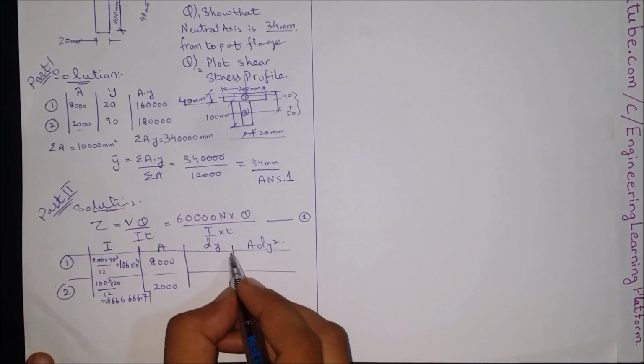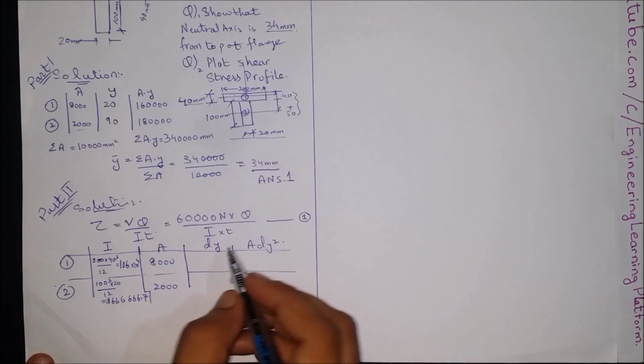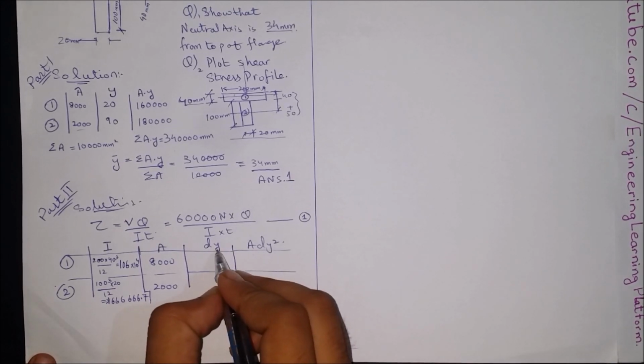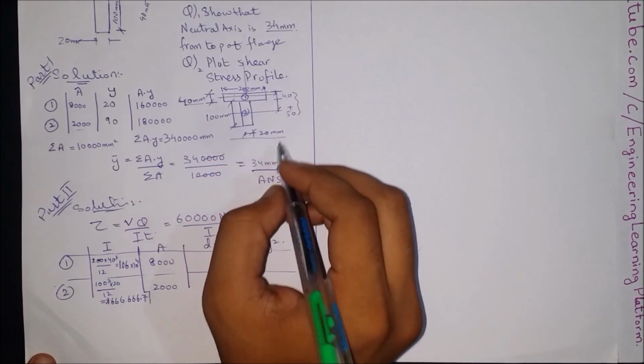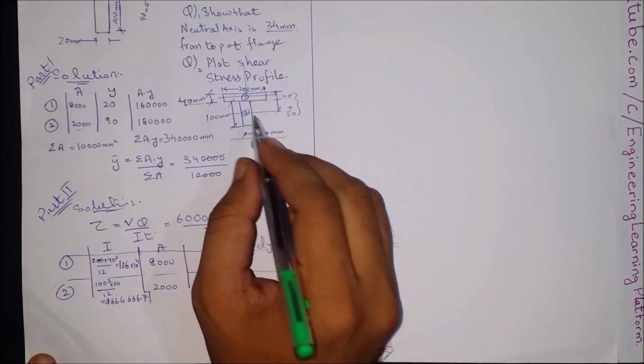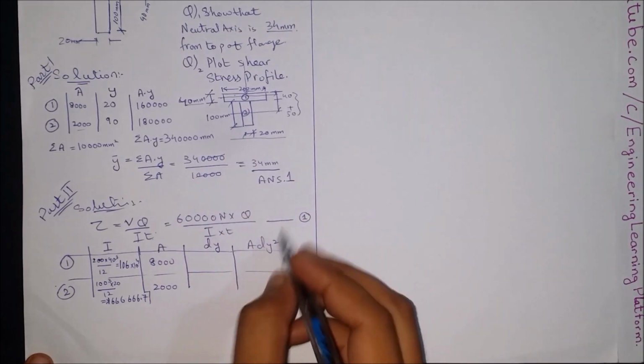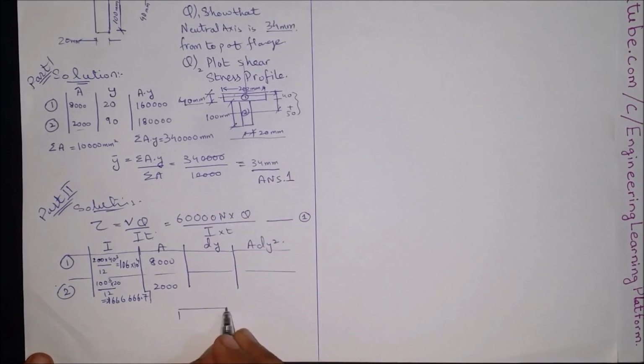Now the dy part is the interesting part. For shape number 1, the dy is the distance of shape 1's own centroid to the whole body centroid. Let's consider the figure here I'm drawing. This was shape number 1.